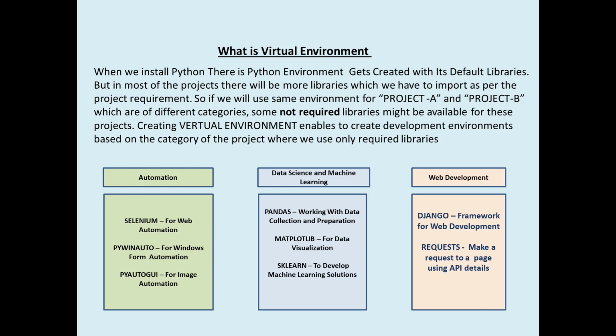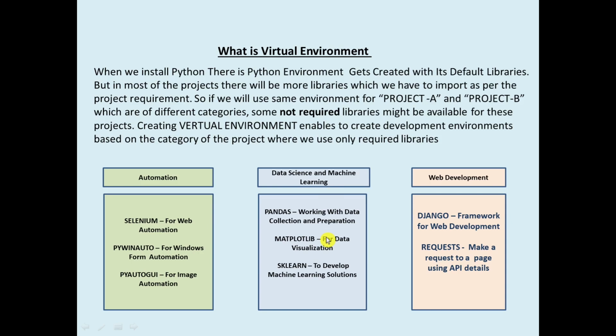As you can see on your screen, when we create the virtual environment, we keep the category of the solution in mind, or the category of the project, or if you are only writing scripts, then the category of the script. You can see here I have given automation. If you are doing automation, then you might need Selenium or PyAutoGUI and some other libraries which are related to automation.